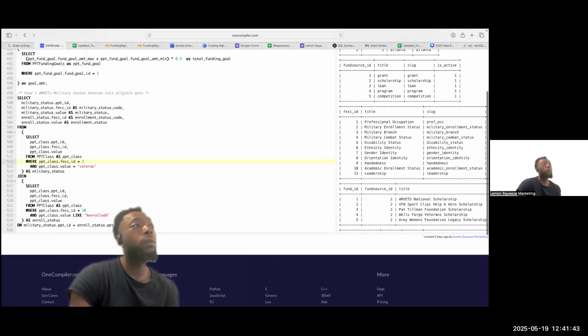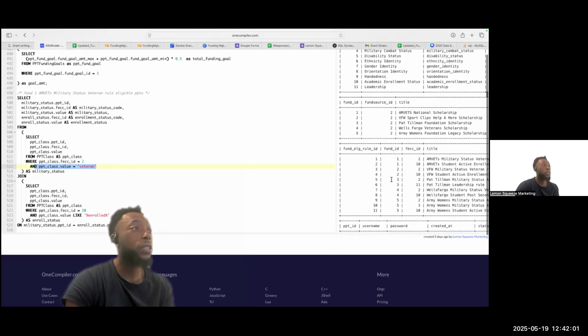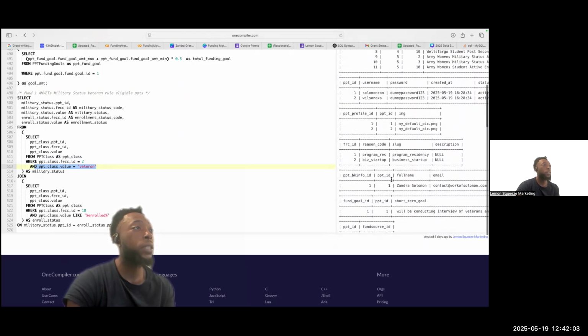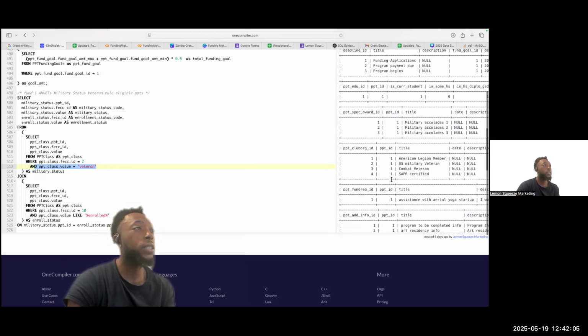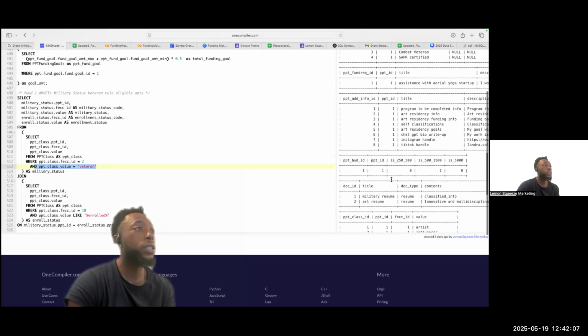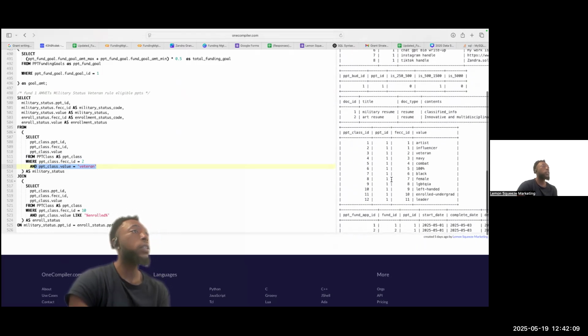When we're about to create a rule that pertains to the military enrollment status, we know that we're referring to category number two. That's why we have a category number two. And they must be a veteran. So we're looking for participants on our participant classification table, which is here.